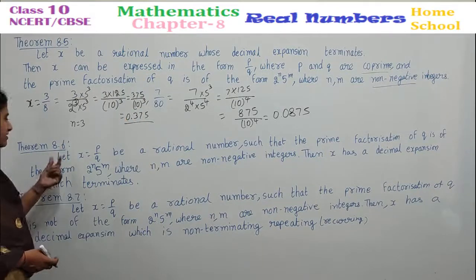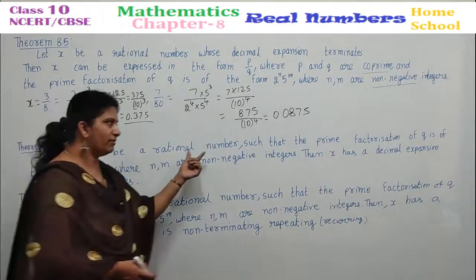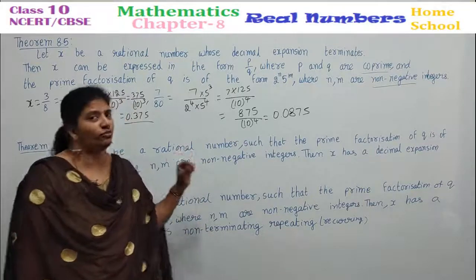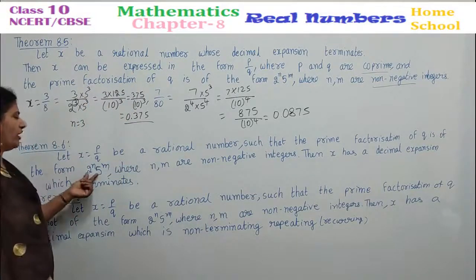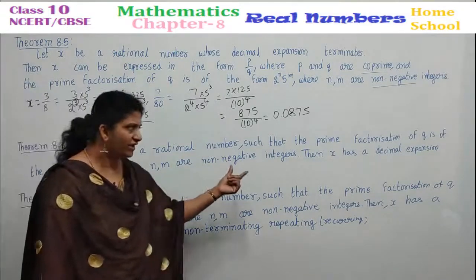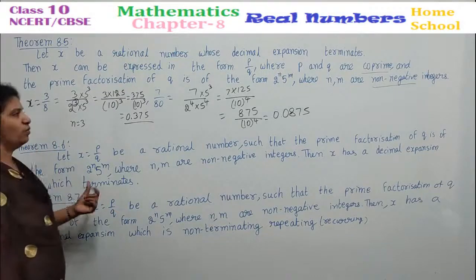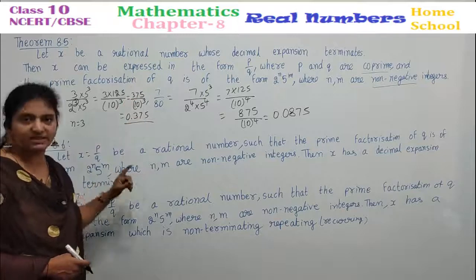Theorem 8.6. Let x equal to p by q be a rational number such that the prime factorization of q, meaning the denominator, is of the form 2 power n into 5 power m, where n, m are non-negative integers, then x has a decimal expansion which terminates. See here, children, both the statements are similar.